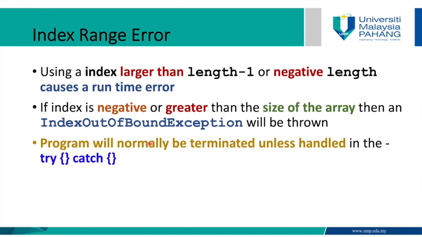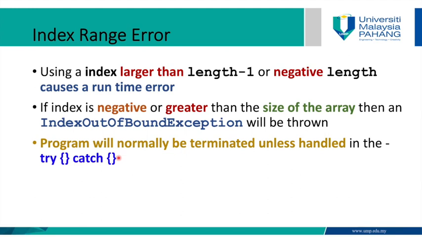It will give you the error of index out of bounds exception. If you get this kind of error when you are writing your code, when you are developing your program, you should check again your array, your for loop, how you created your array, the size and everything.